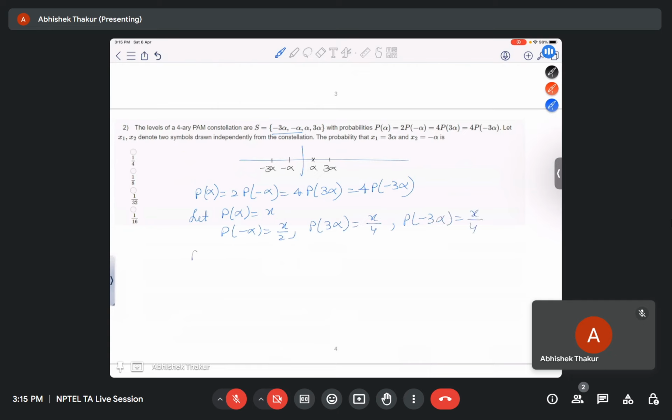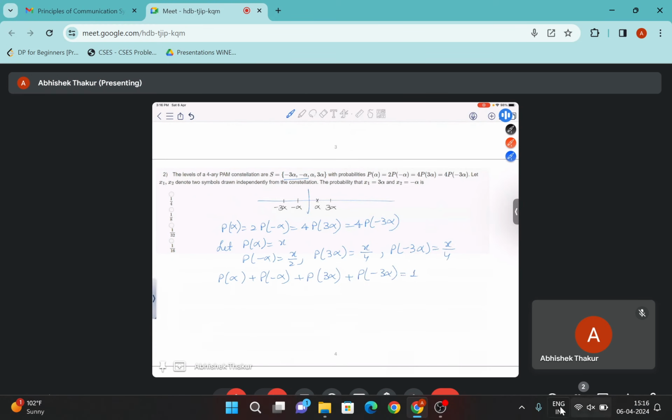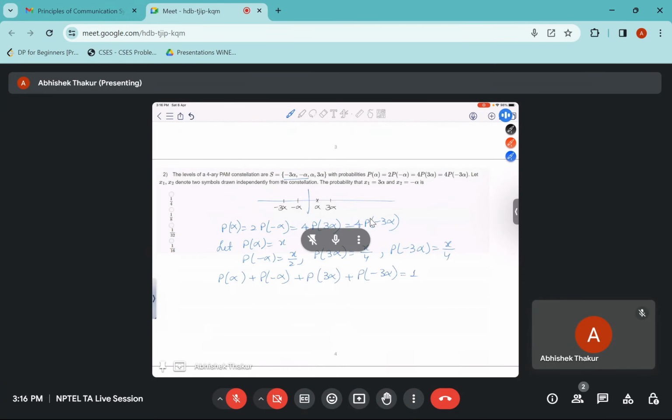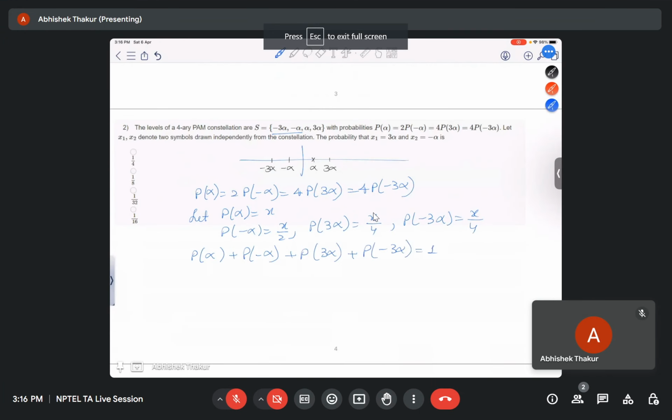Now the sum of probability of alpha, probability of minus alpha, probability of 3 alpha and probability of minus 3 alpha should be equal to 1. So x plus x by 2 plus x by 4 plus x by 4 is equal to 1.